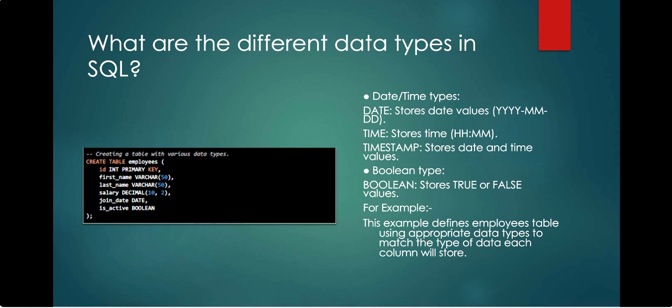Use VARCHAR for flexible text, decimal for precise numbers, timestamp for logging events, and so on. Picking the right data type also helps you maintain data accuracy and can improve your query performance and storage efficiency. That's about data types.